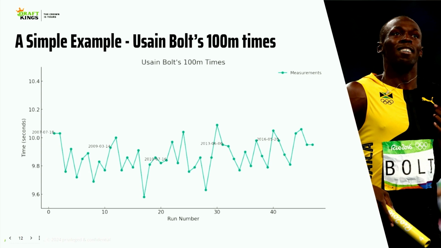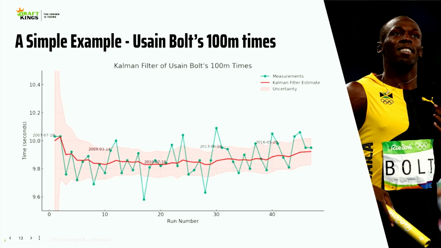Now we want to apply a Kalman filter in such a way that we can predict how fast he's going to run before every single observation. And this is what you get. The red line represents the estimated time that he is expected to run at every observation, and the light red color represents the uncertainty around this.